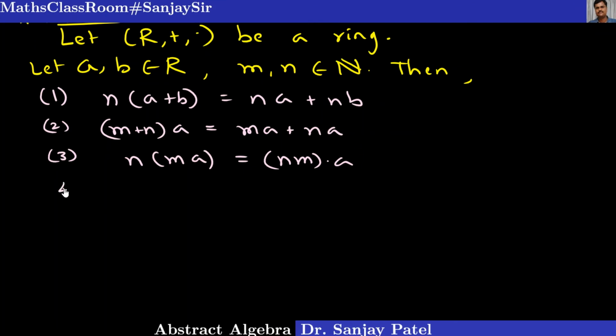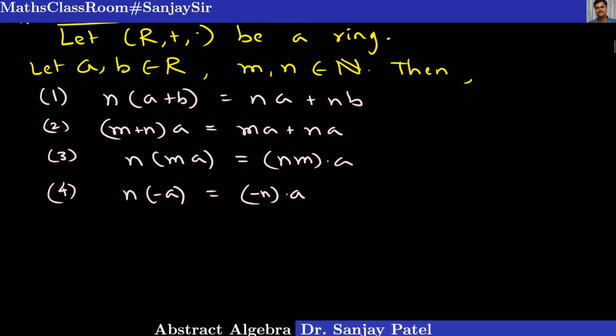So there is no harm in writing n times (-a) is equal to -n times a. So all this is true even for integers, not necessarily natural numbers. That can be proved very easily.